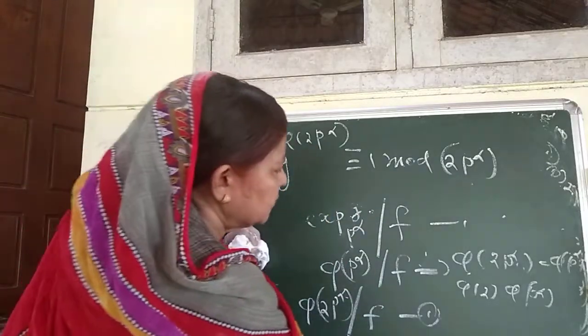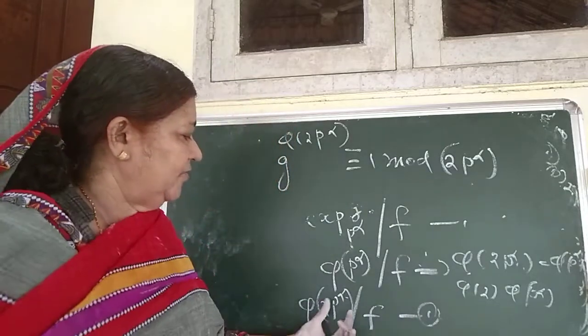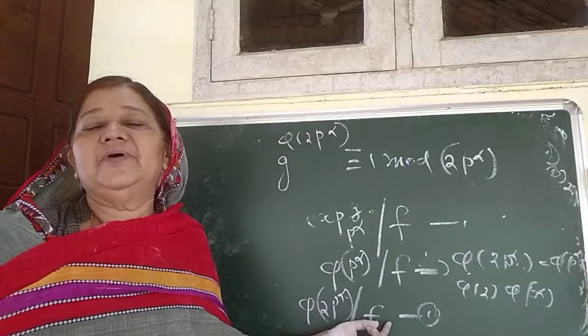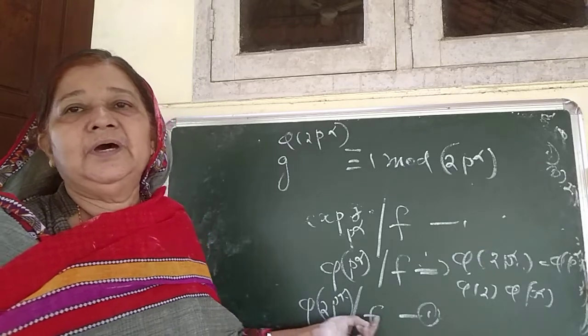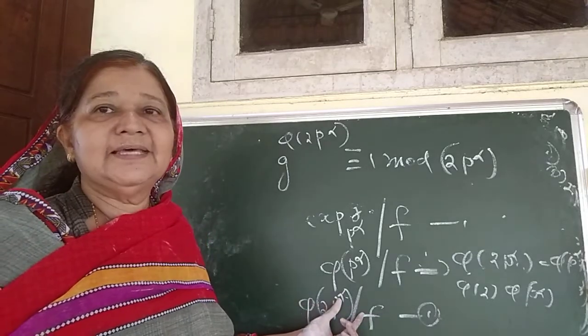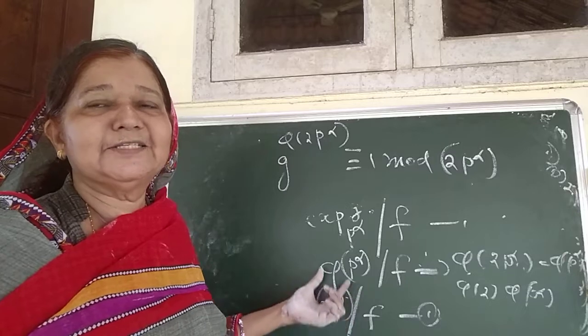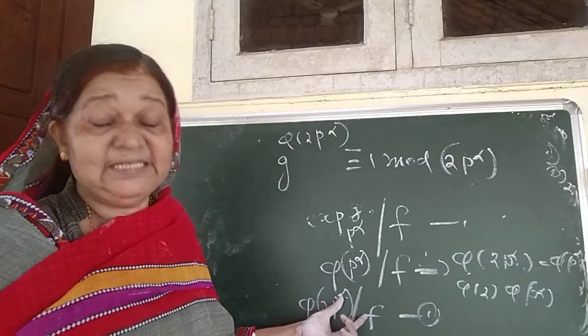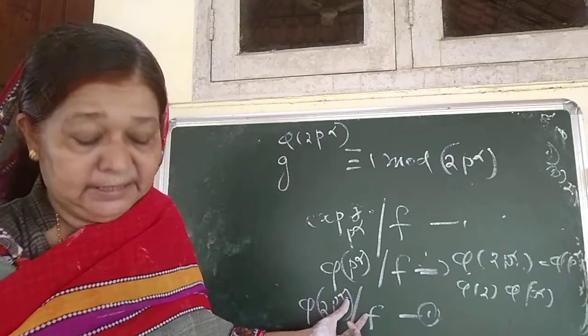So from 1 and 2, we see that phi of 2 p raised to alpha equals f. That is, g is the exponent phi, g is the primitive root of 2 p raised to alpha.